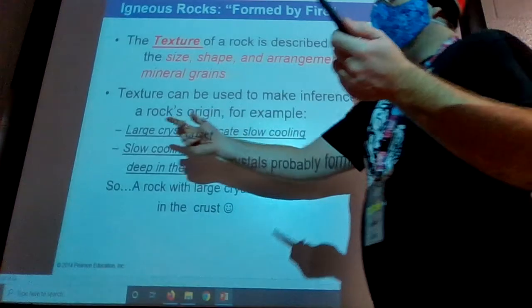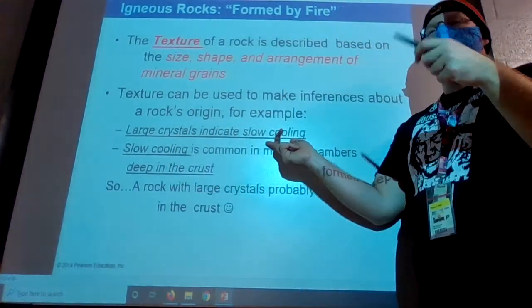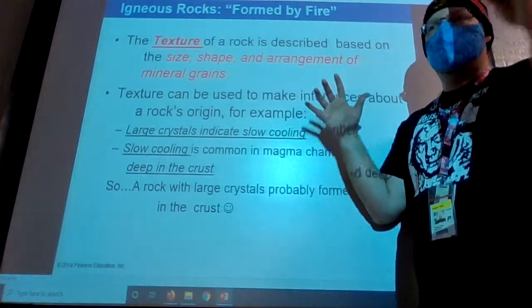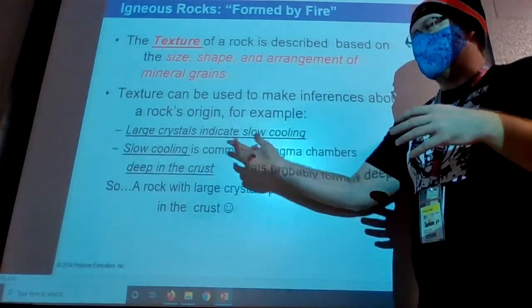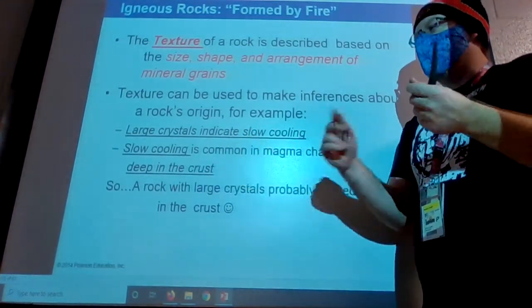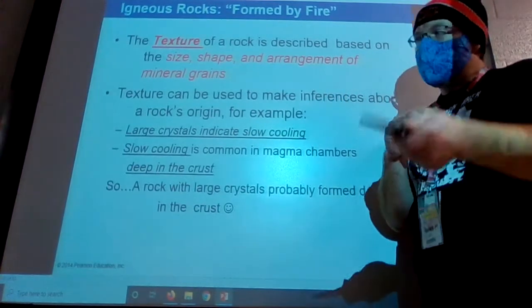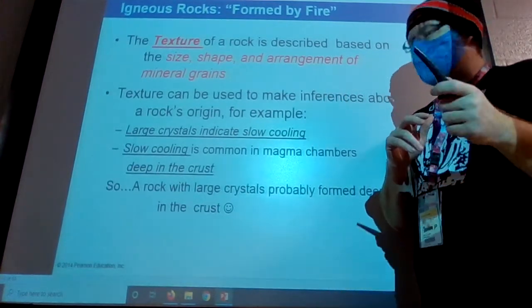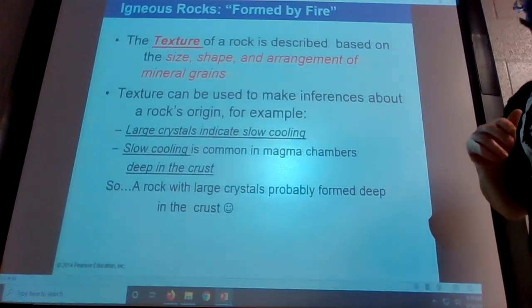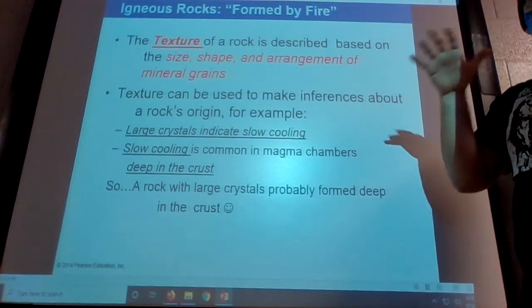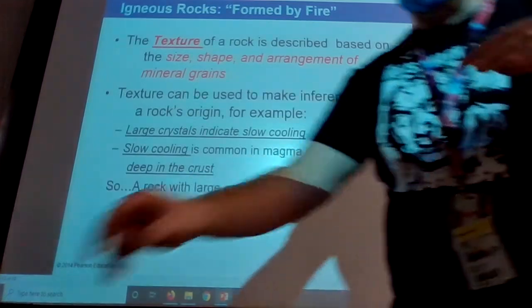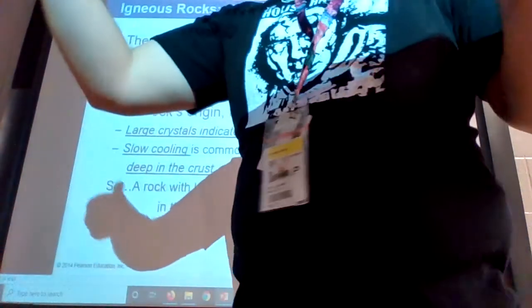For example, if they're large crystals, we know it indicates slow cooling, so it's probably an intrusive rock that never made it to the surface. If they're very small crystals, it can be fast cooling. And some rocks, which we'll talk about, the name porphyritic in a little bit, have both. It was underground, and it started to cool very slowly, and you get some crystals that are pretty big, and you can see them without the use of a microscope.